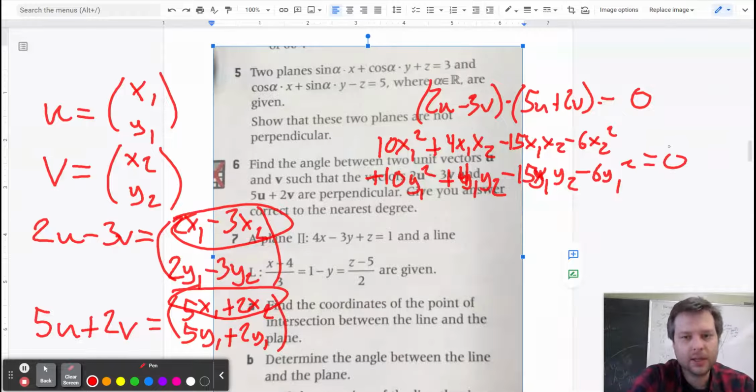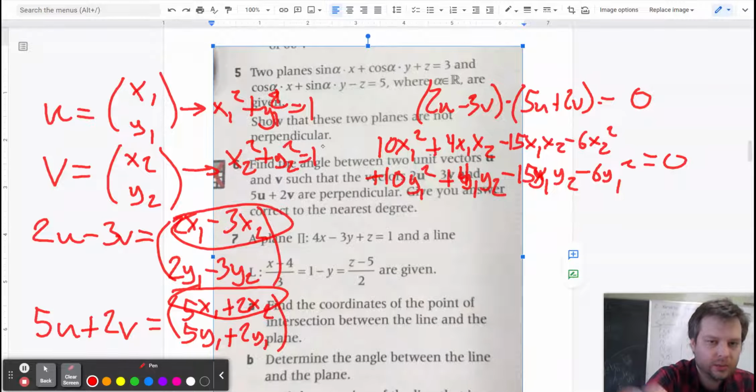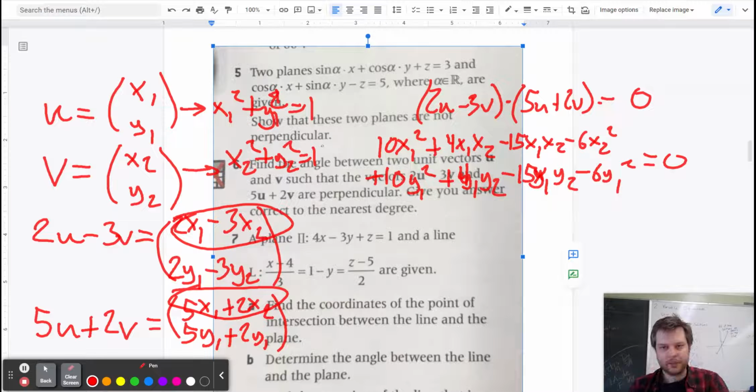Okay, let's see. We know as well that, like I said, these are unit vectors, so we know that x1 squared plus y1 squared equals 1. We also know that x2 squared plus y2 squared equals 1. Let's see if that helps us out here.